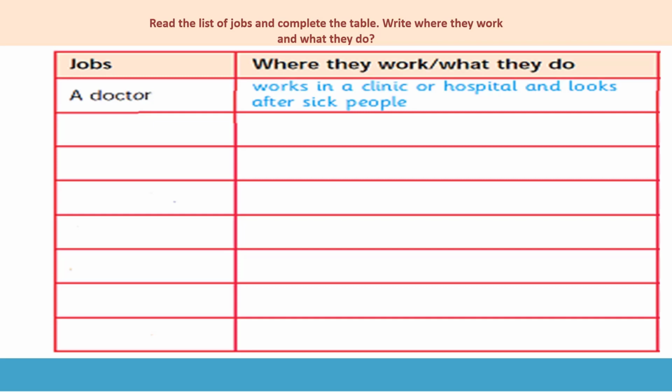And if we look at the structure of the sentence here, a doctor being third person singular works in a clinic. Okay, so a doctor works in a clinic or a hospital and looks after sick people, and we can see that with the main verb, these are positive sentences with the main verb where the verb has an S, which shows that it's connected to third person singular.